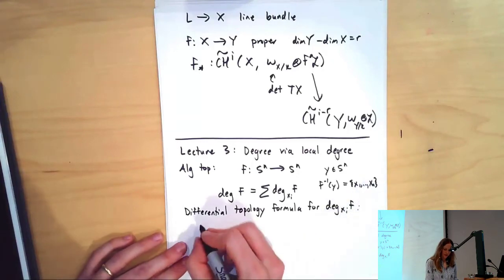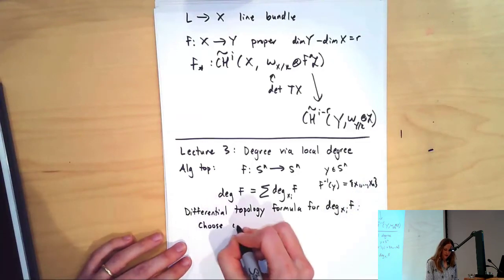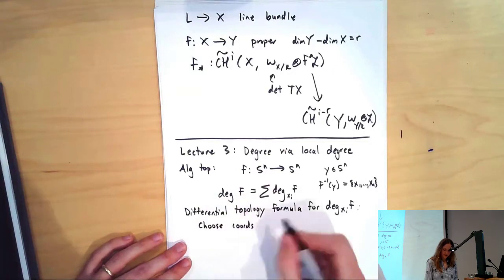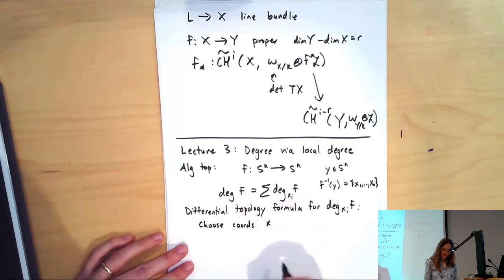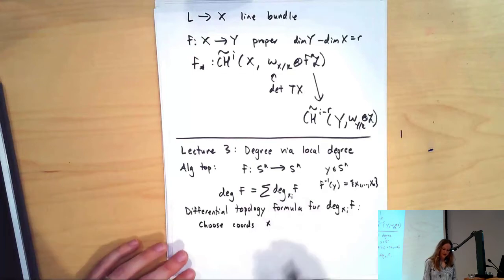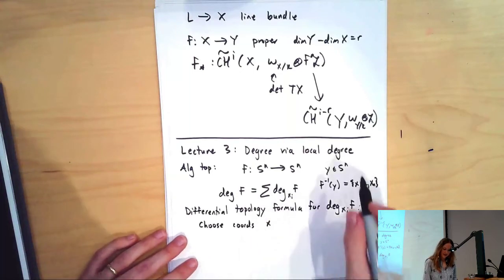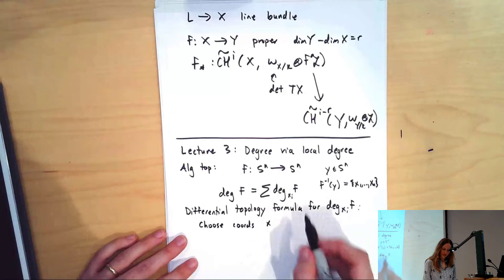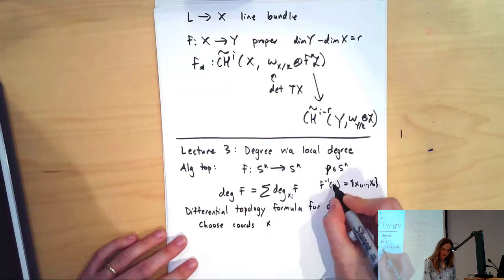So we can choose coordinates. I wish I hadn't chosen my x and y like this. We're going to make this p and these q.